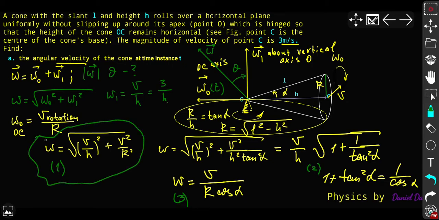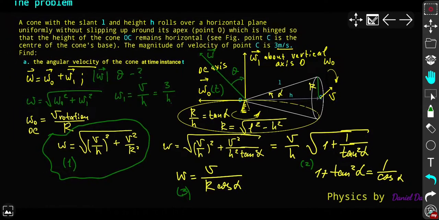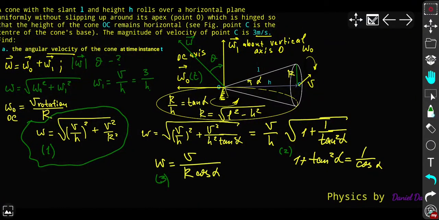All right, now we need to find angle theta. In which way can we do that? Tangent theta, let's write right here. Tangent theta is simply omega 0 to omega 1, right?